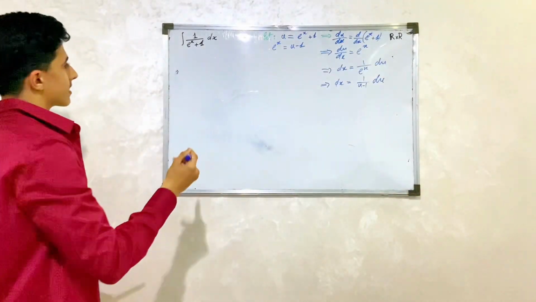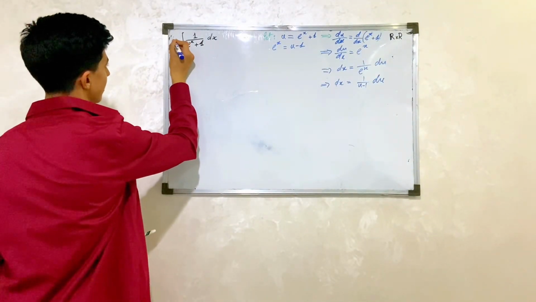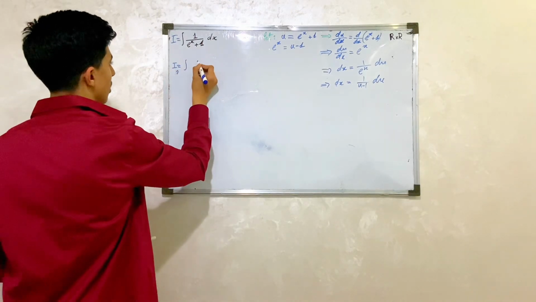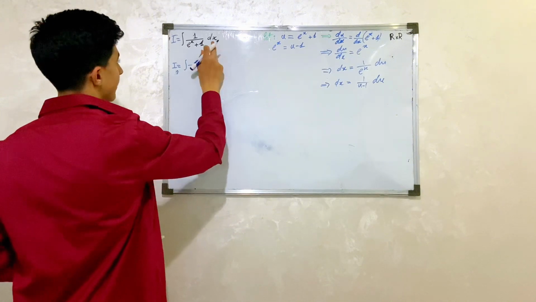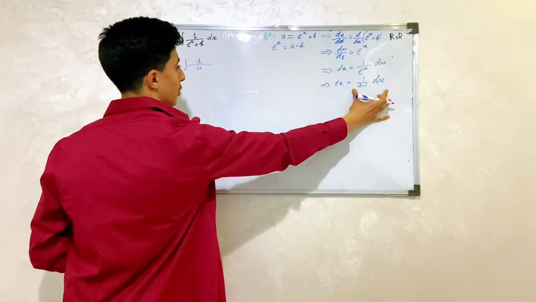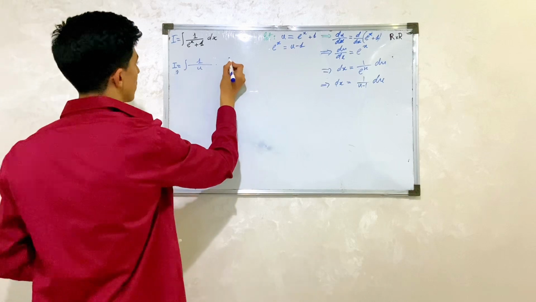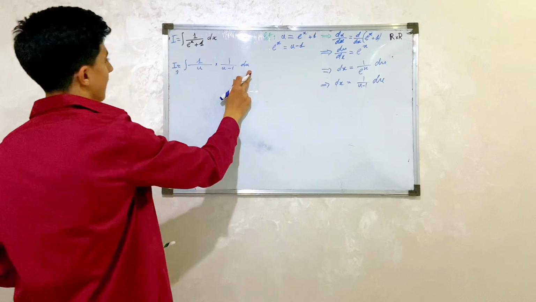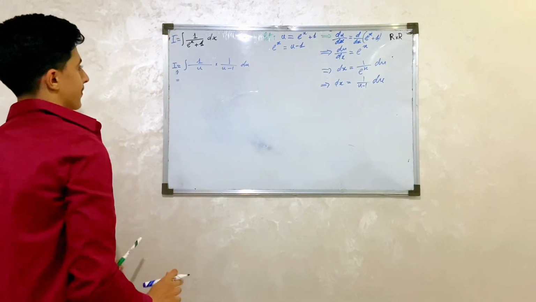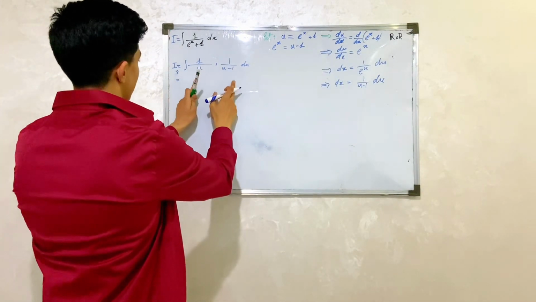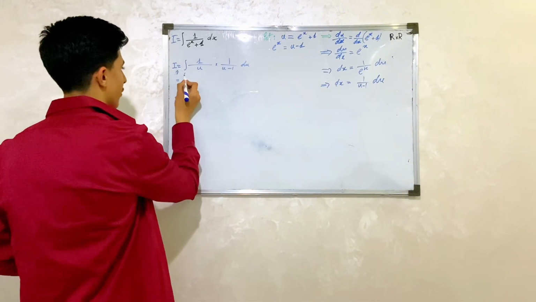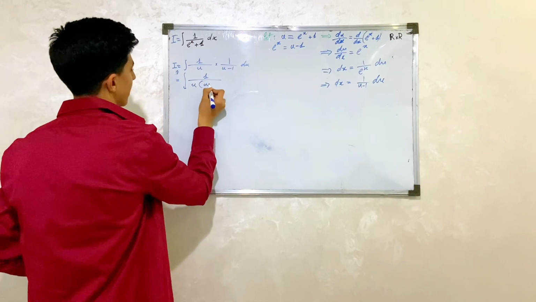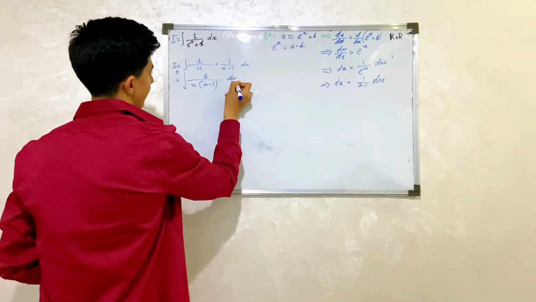So this integral, let's call it I. The integral is equal to the indefinite integral of 1 over u, times dx, which is 1 over u minus 1 du. This is equal to, first, let's put this in one fraction, which is 1 over u times u minus 1 du.